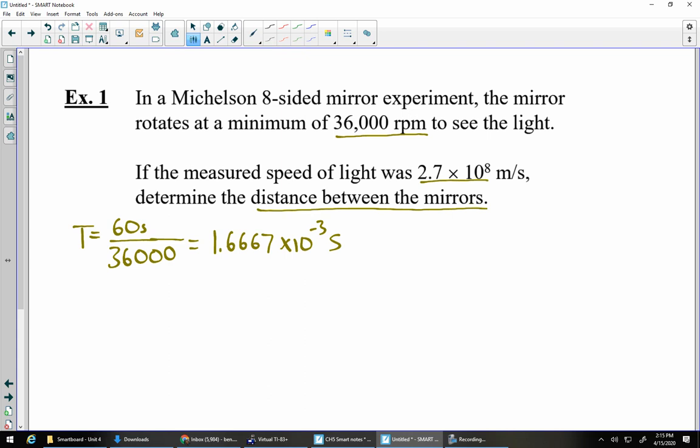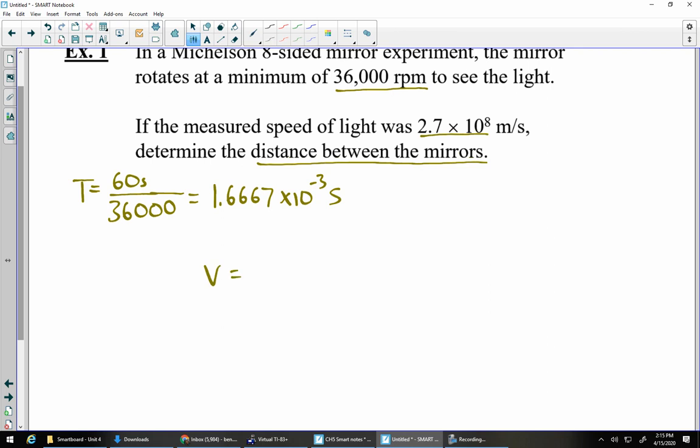Cool. So now we can start to look at our new formula. We say V is equal to 2 times the one-way distance divided by 1/8 times the period. I'm using 8 because it is an 8-sided mirror. It tells me right in the question, times the period. Cool. So I am looking for the one-way distance. So I just need to rearrange and solve for the one-way distance. So one-way distance is going to be equal to V times 1/8 times the period, all divided by 2.